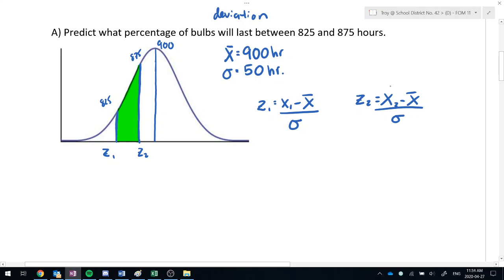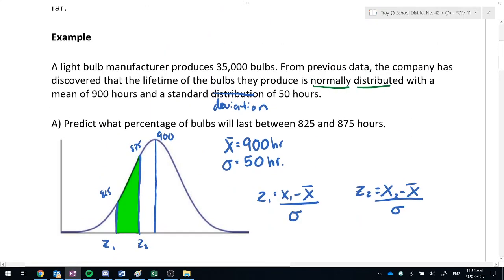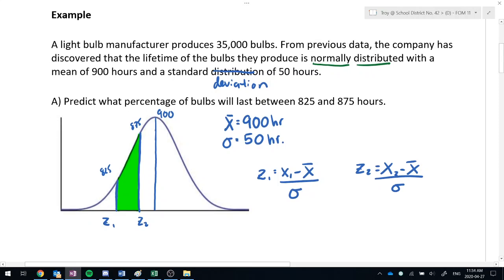So this x1 and x2, those are the data points. Okay, so what was the data that this company was gathering on its products? It was gathering lifetime. How many hours before the bulbs burn out? Okay, so that means any x value that we decide to use has to be involving the lifetime of these bulbs.